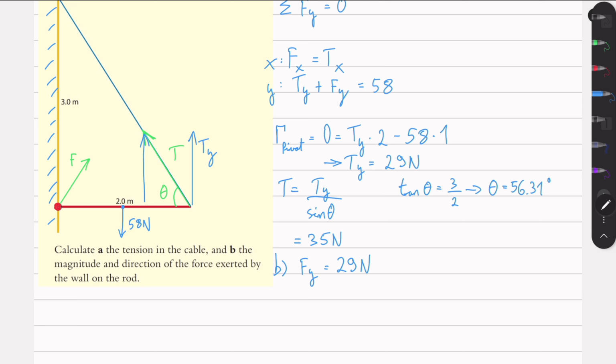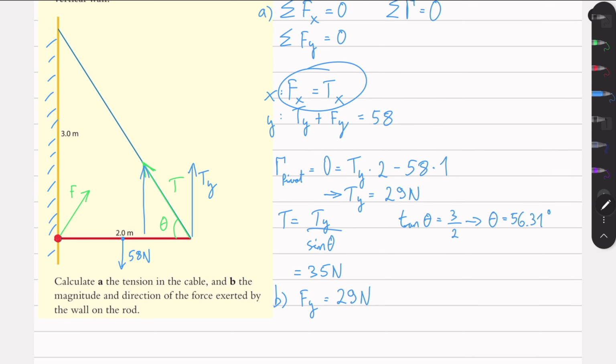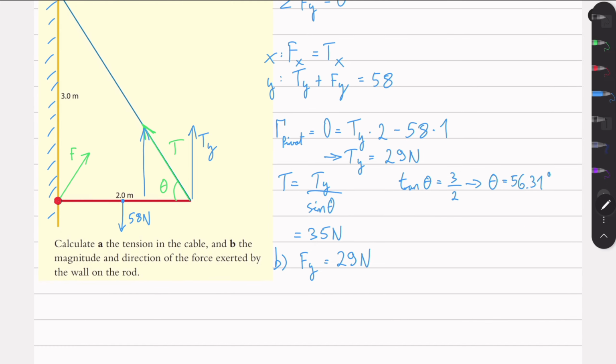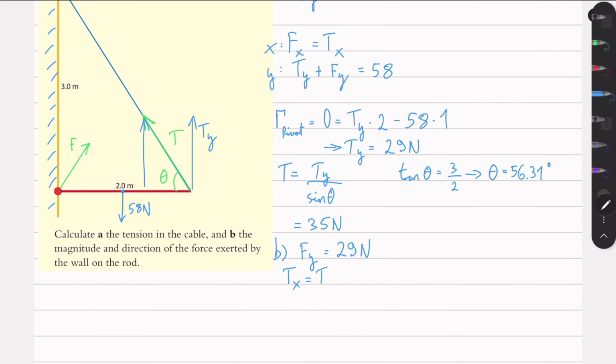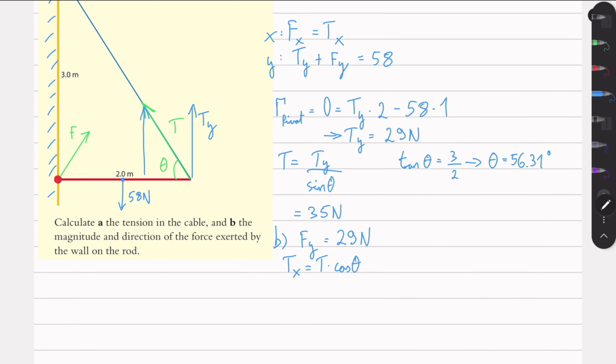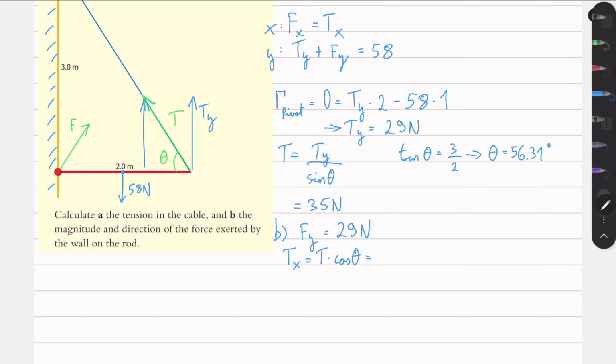And we know that Fx is equal to Tx from part A. And we can calculate Tx very easily. It's simply going to be the tension times the cosine of this angle. Again, we can consider trigonometry for this triangle over here. We know the angle, we know the tension, so we can simply plug those in, and we find it will be 19.33 newtons.